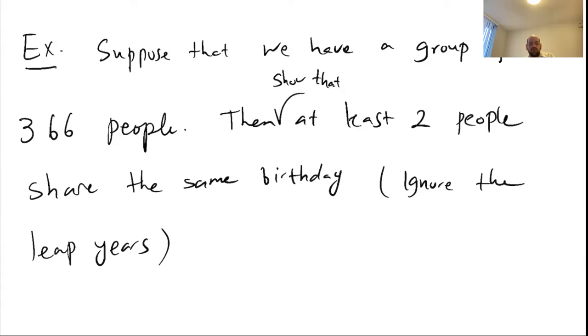Then all days are already full, meaning I have put the name of one person on each day. So the 366th person must have his or her name put on one of these 365 days, which are already full. Therefore, at least one day will have the name of 2 people on it.